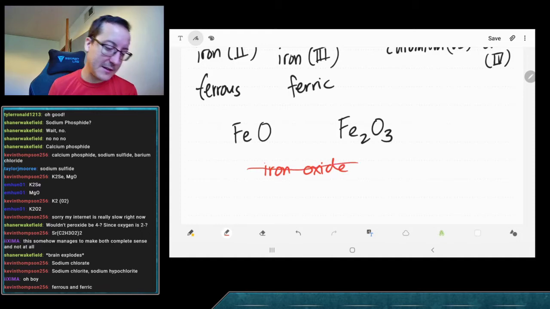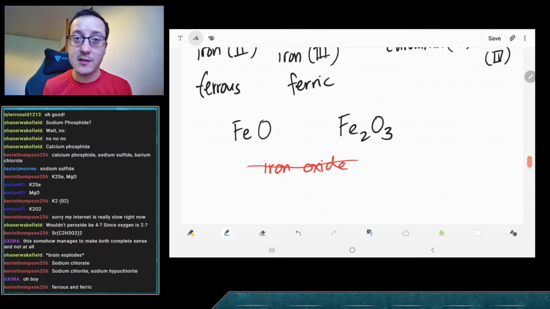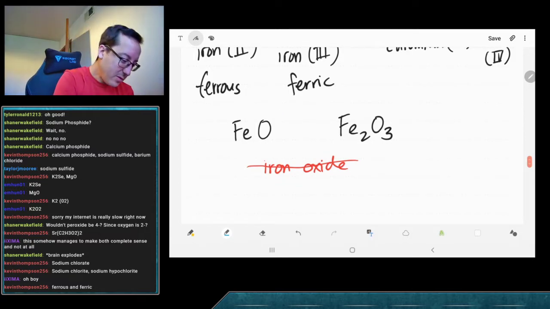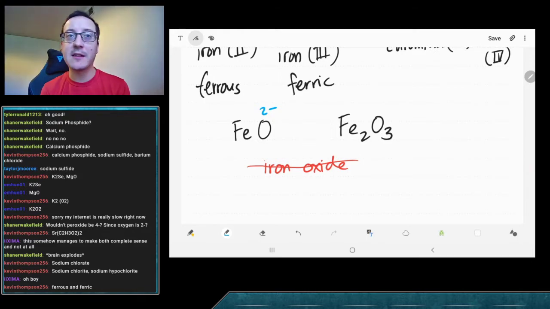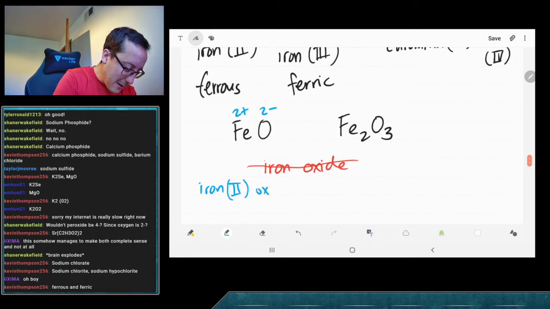However, we cannot say that for this one. What we're going to have to say is, okay, we know that oxygen is 2-, right? And as a result, because there's the same number of irons as oxygens, this one should be 2+. So we would call this iron 2 oxide.